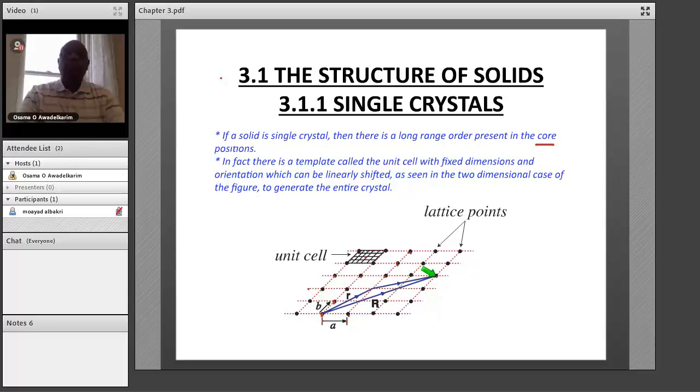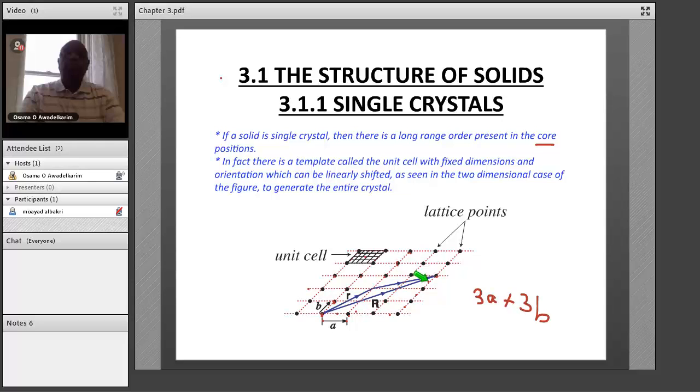So any lattice point, like this point, can be written as 3A, so 3 along the lattice basis vector A, plus 3B. Why am I saying that? Because you can see 1, 2, 3. The location of this point is 3 units along the A axis, and then 3 units along the B axis.